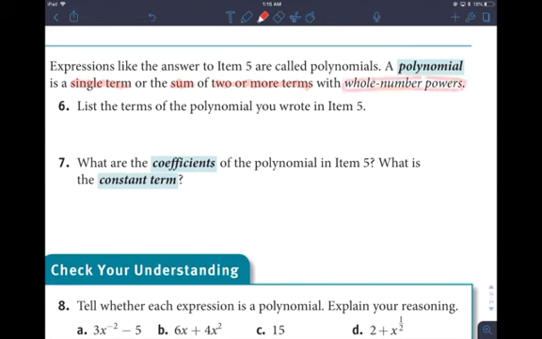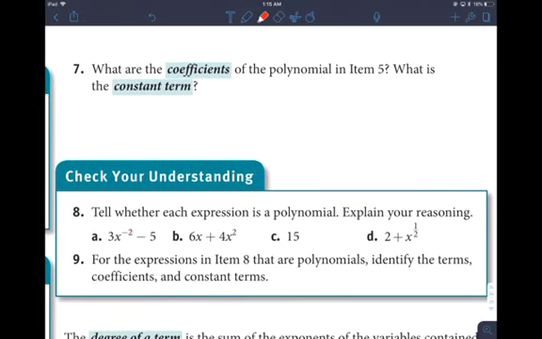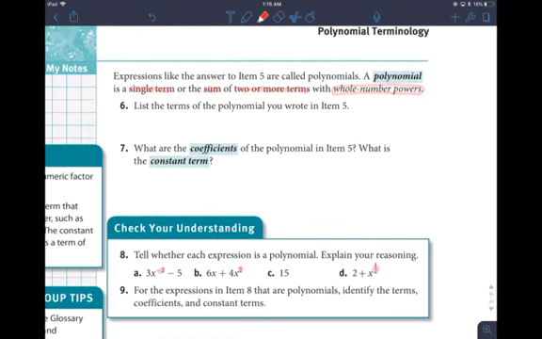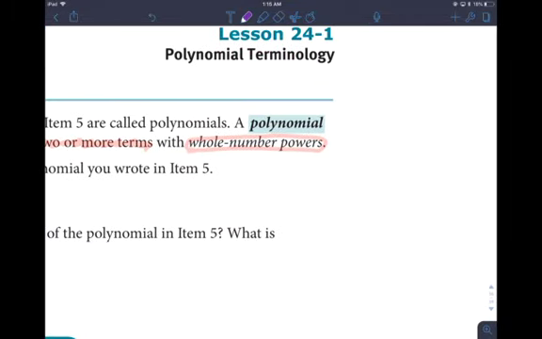So it means that when we look at the powers, we have to make sure that they're whole numbers. If they're not whole numbers, guess what? It's not a polynomial. So in case you're asking, what's a whole number again?